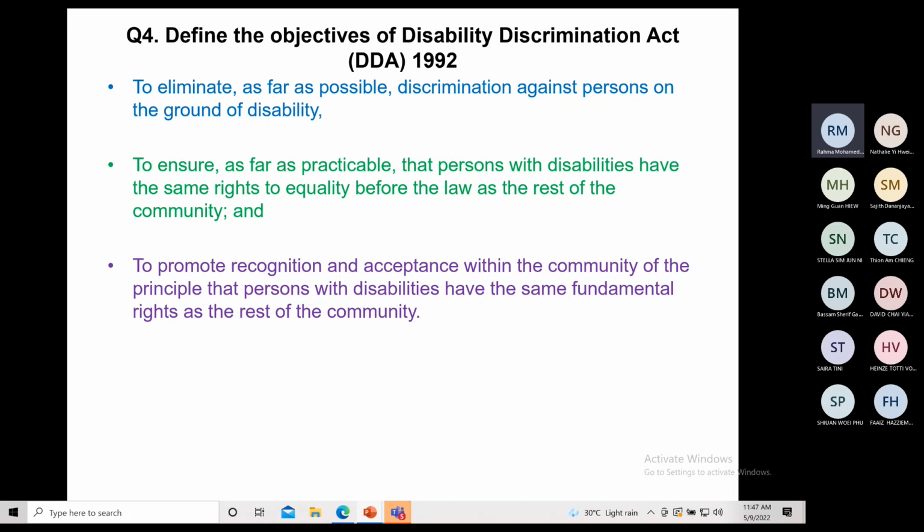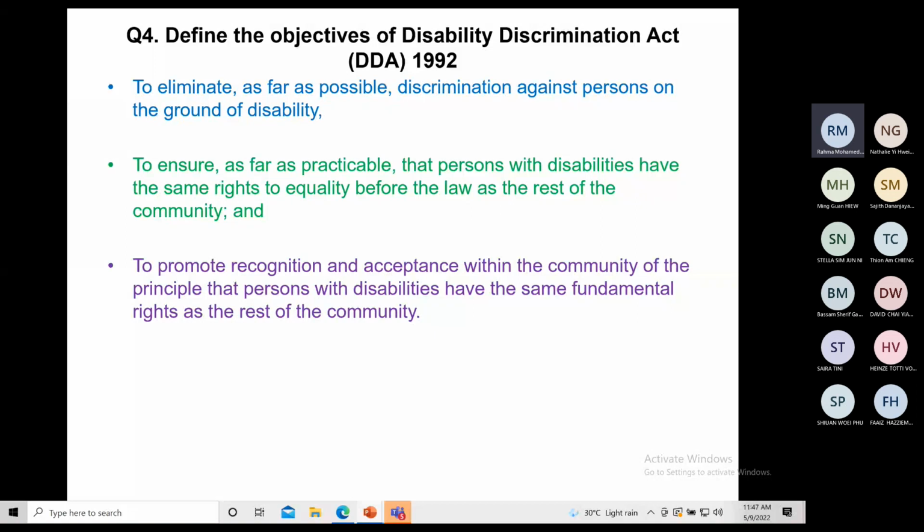Then, as far as practicable, that persons with disability have the same rights to equality before the law as the rest of the community. And the last objective was to promote recognition and acceptance within the community of the principle that people with disability have the same fundamental rights as the rest of the community.